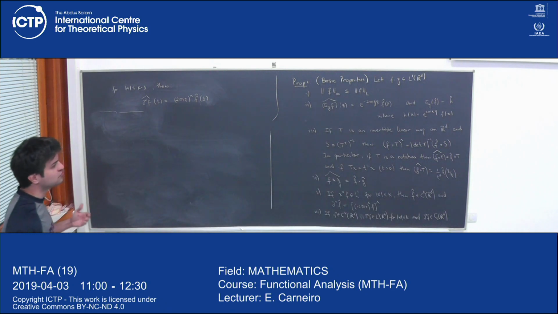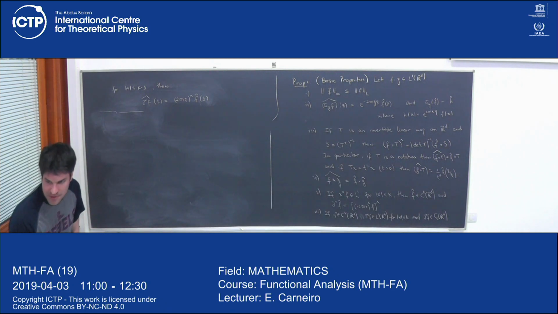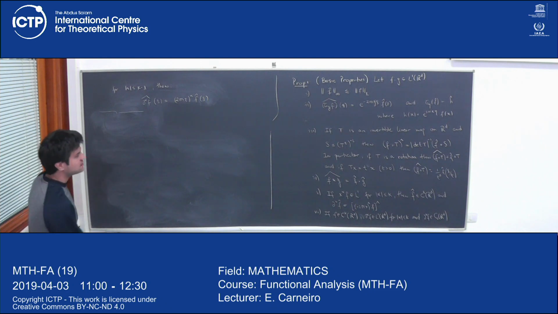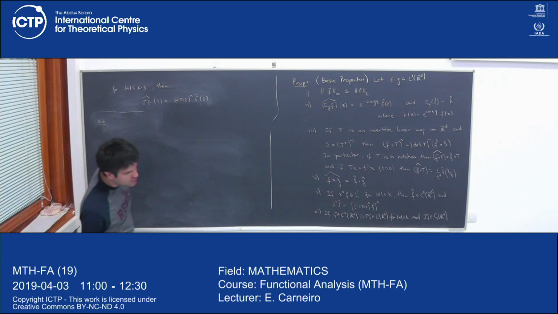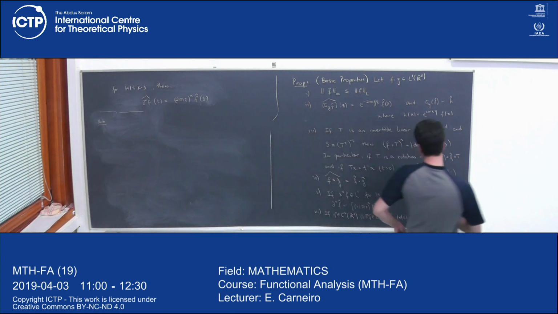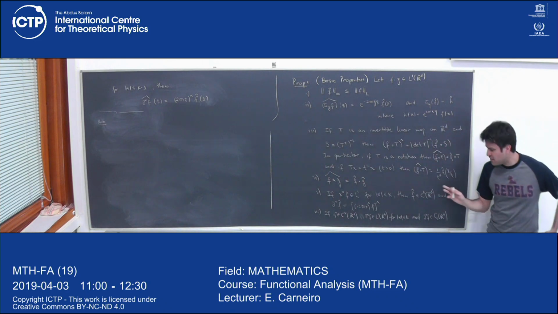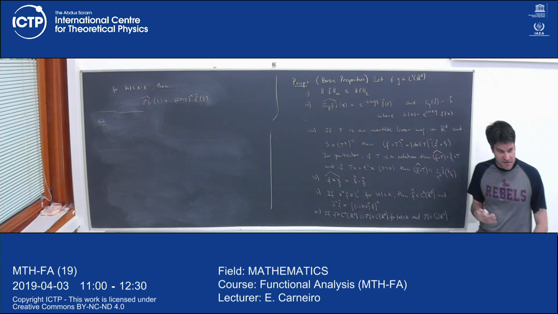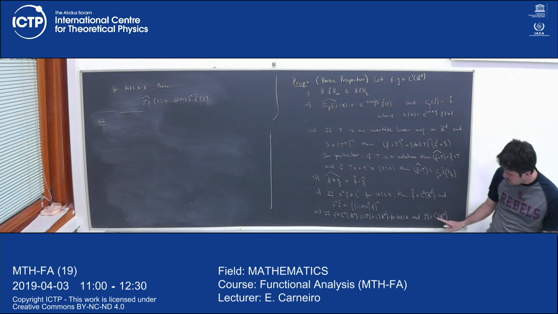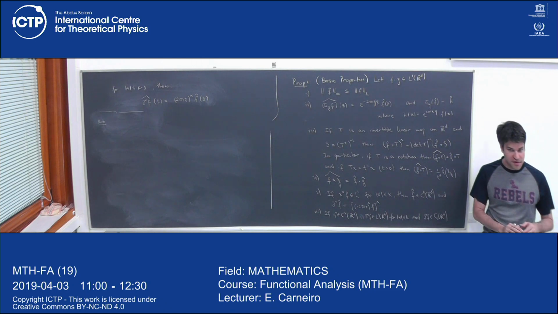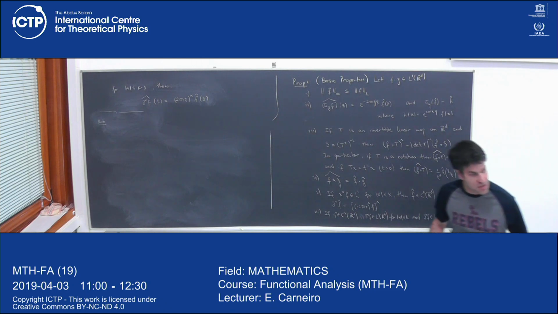So I'm listing to you six basic properties of the Fourier transform. Just one little note. I'm using here C^k, the usual space of functions that are continuous, that have k derivatives, and the k-th derivative is continuous. And I'm using here the space C0 with the 0 on the bottom to mean the continuous functions that go to 0 at infinity.